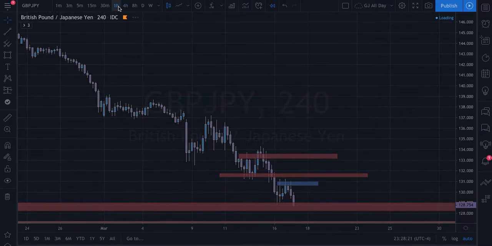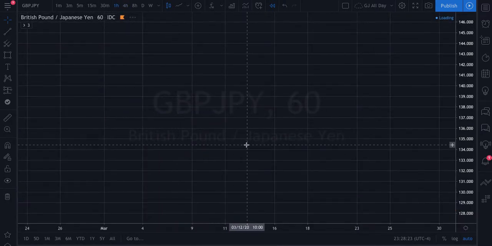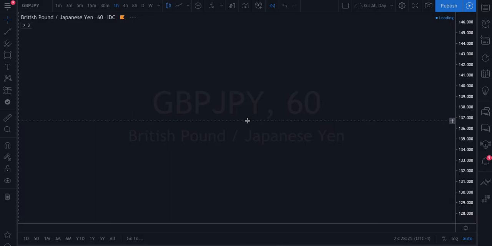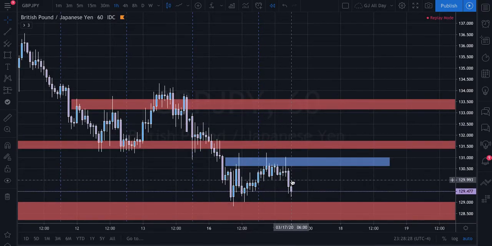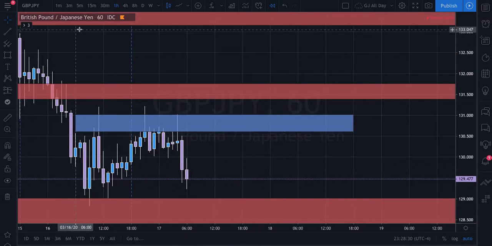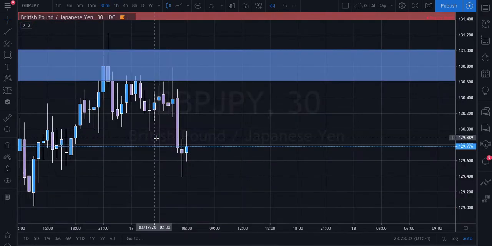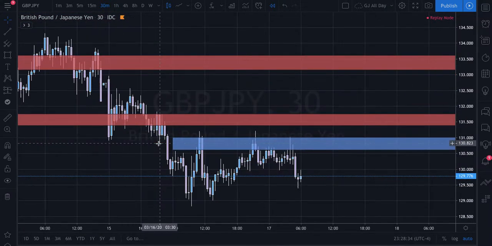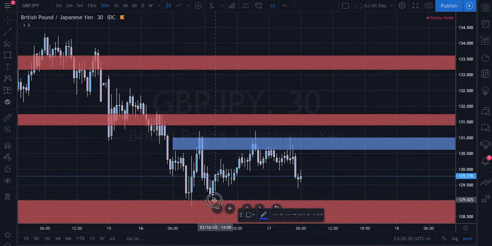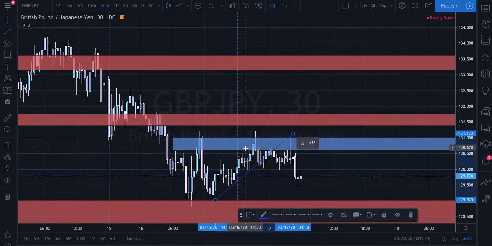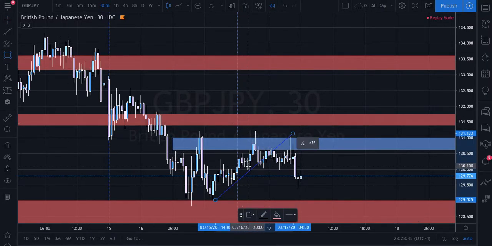I hope this doesn't reset. Okay, there we go. All right, so we can see that price was on the up, broke the momentum trend line. We consolidated right here, as you can see.